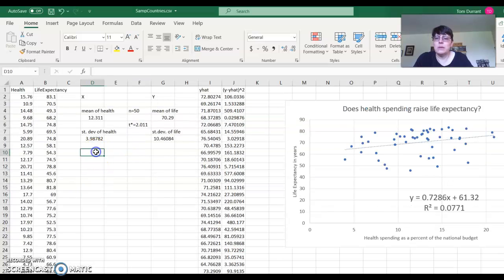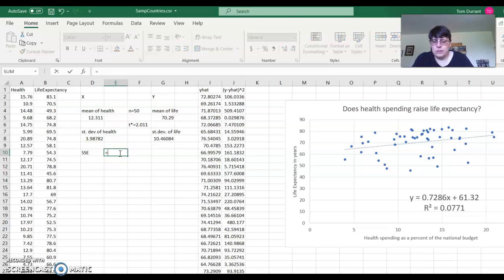So to get the standard deviation of error, let's do this one first. Sum of square error equals J52.